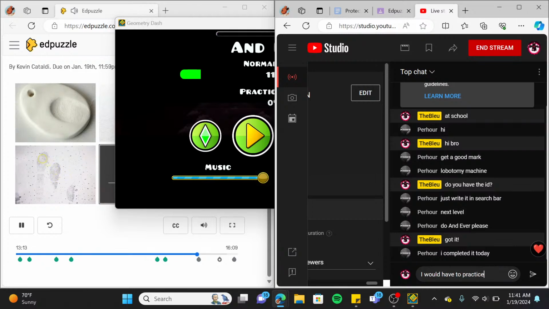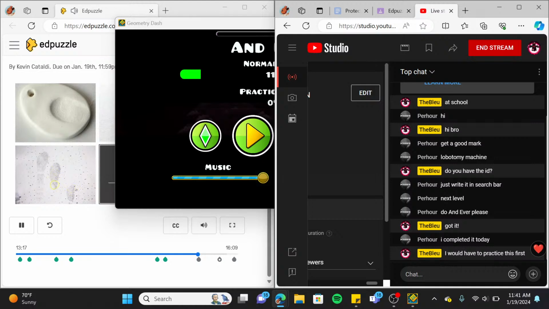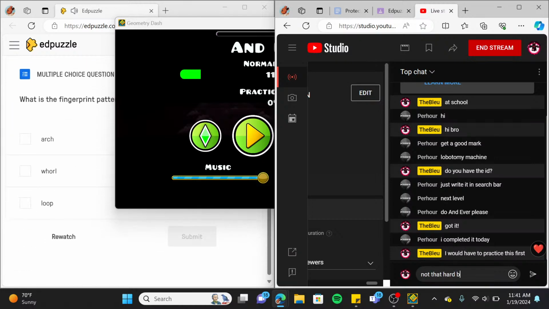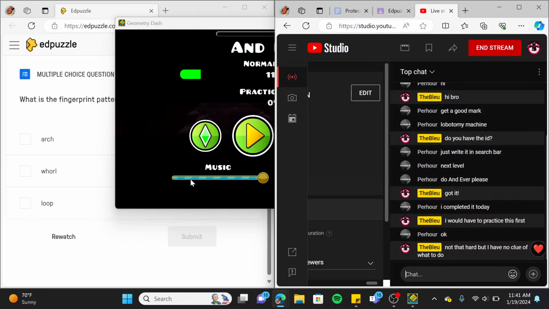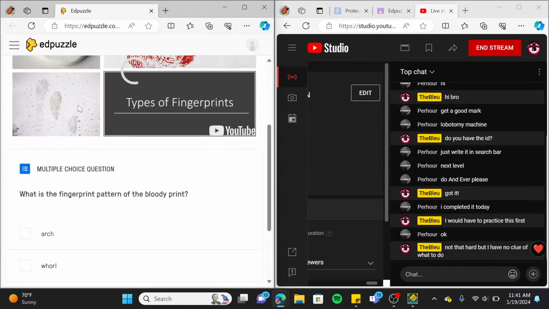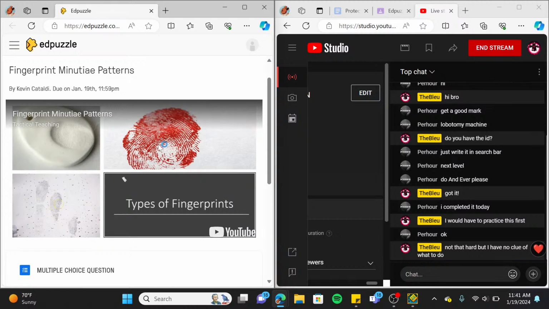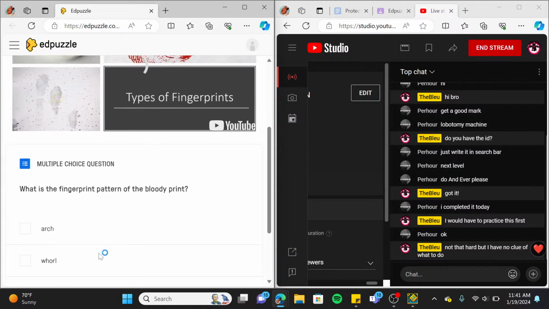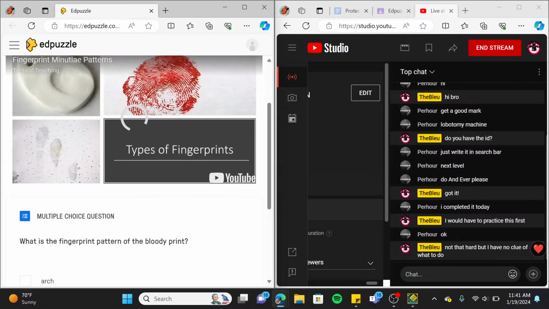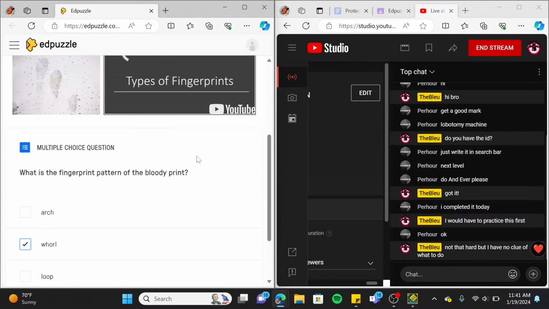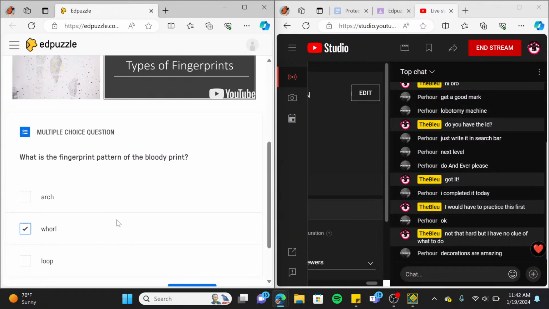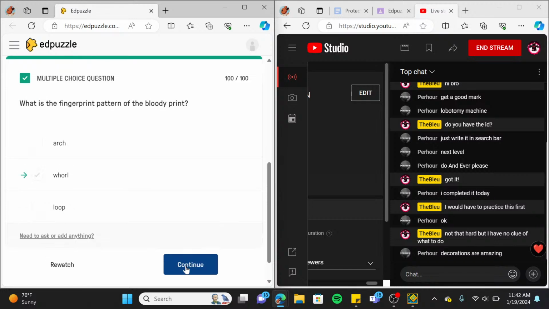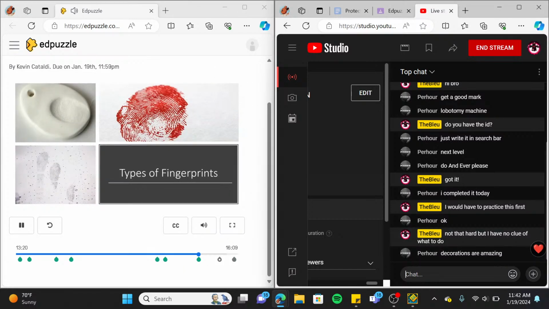And then this is a fingerprint that was obviously left by an individual, but had to be dusted in order for that fingerprint to become visible.